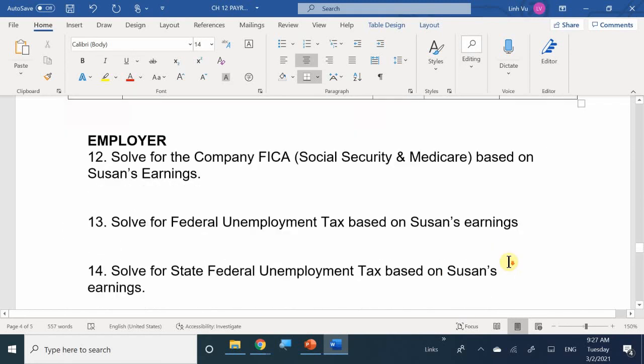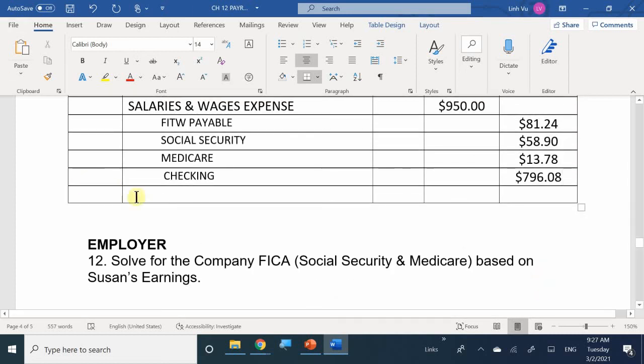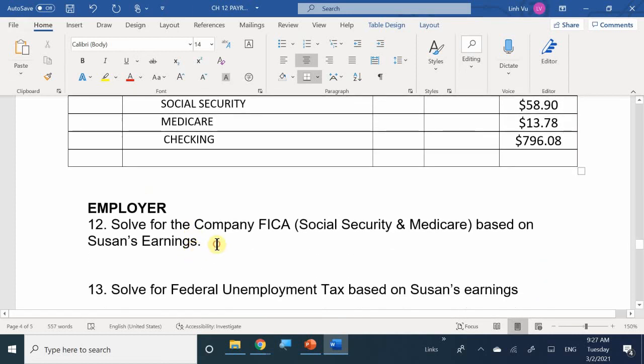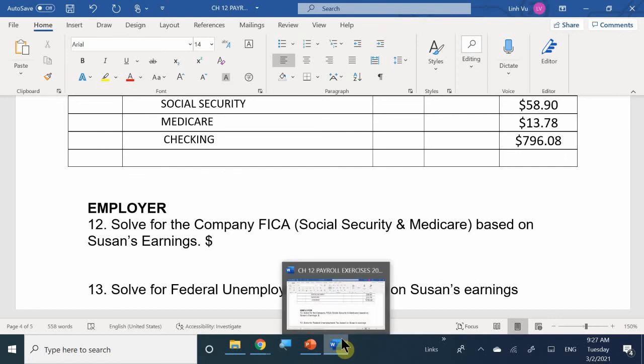Now we're going to solve from the employer's standpoint. Based on Susan's earnings, how much is the company responsible for the Federal Insurance Contributions Act?